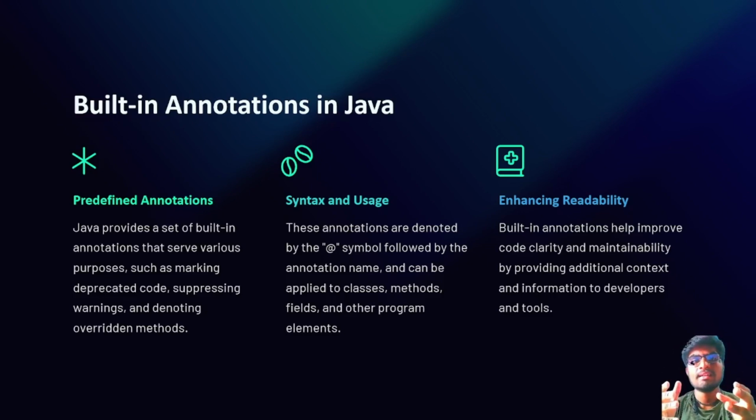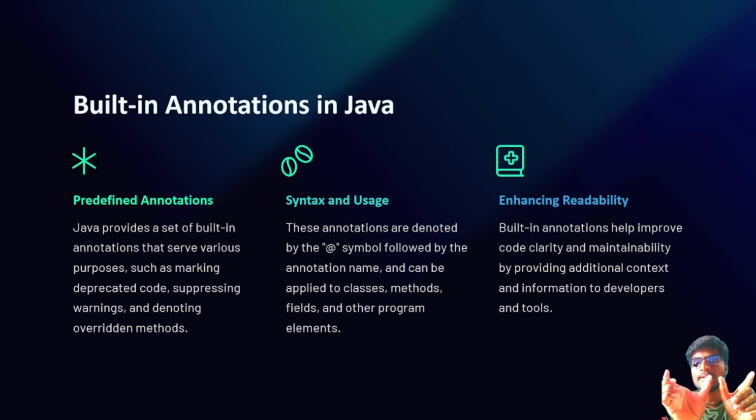Yeah, that will be solved using this Override annotation, an inbuilt annotation. Let's see the syntax and usage. These annotations are denoted by the at symbol followed by the annotation name. I have told you, right? At Override. At is the syntax, that symbol.